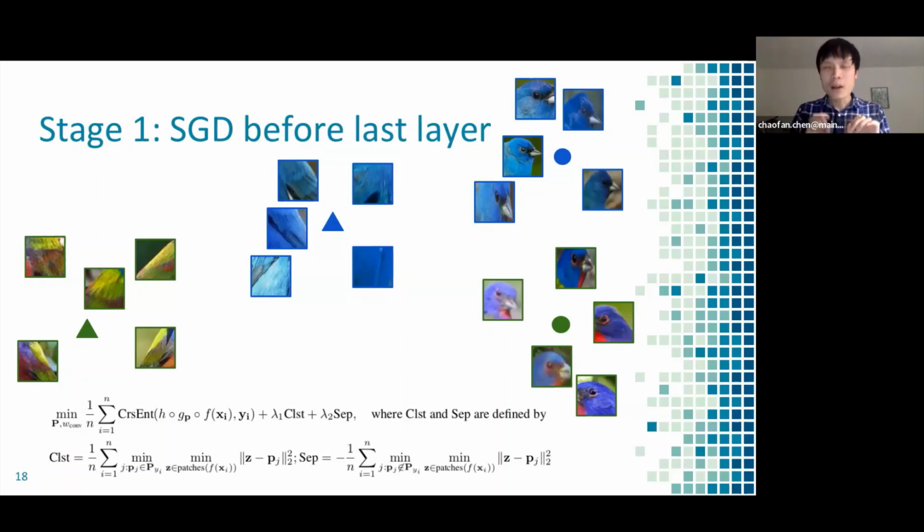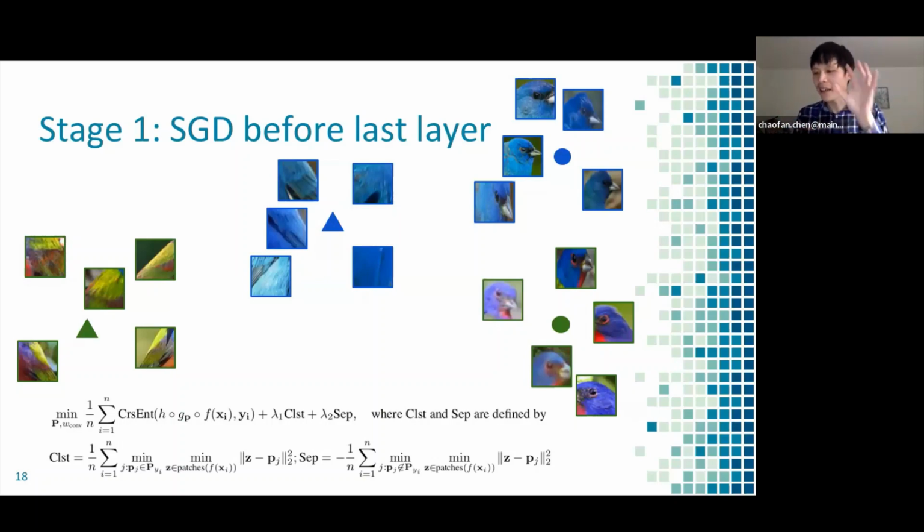And also in stage 1 of training, we fix the last layer of the neural network of our ProtoPNet by setting the connection between a prototype and the logit of its own class to be 1. Notice that the prototypes are class specific, so we already know the identity of the class.